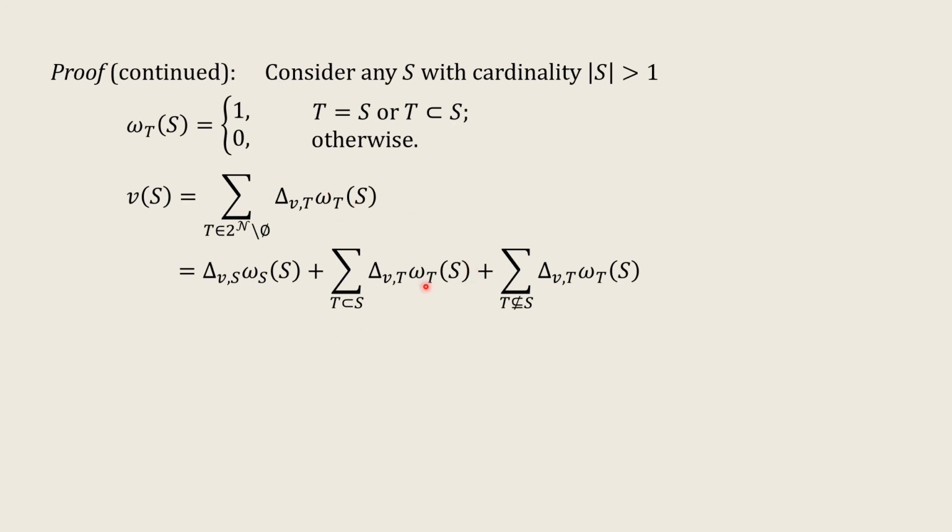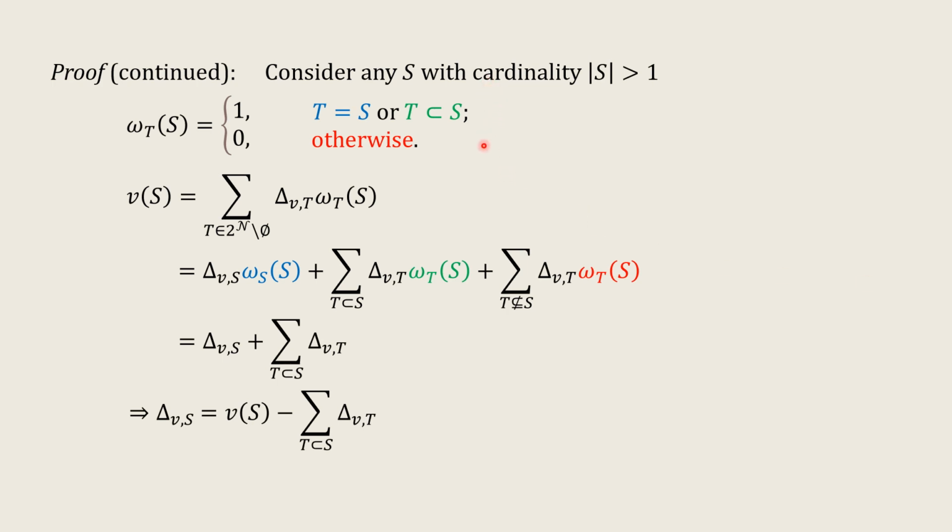And the second part is where T is a proper subset of S. So this second part is a summation over all T's which are proper subsets of S of delta T omega T S. And the third part is when T is not a subset of S, of this same delta omega. Now this subsumes all other cases except when T equals S and T is a proper subset of S.